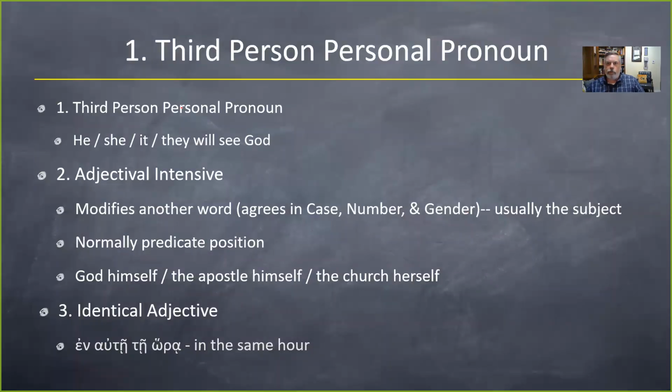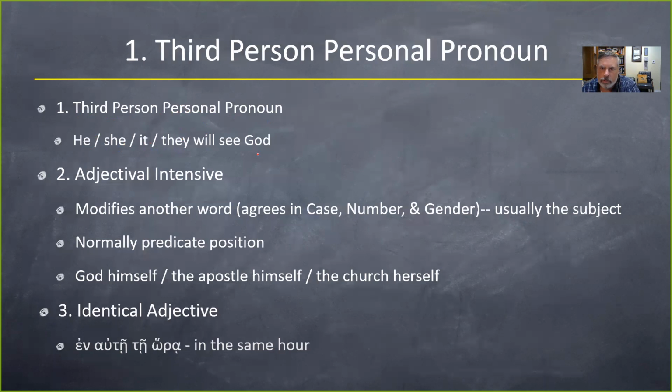Let me talk a little bit about how it's used, though. Now, this is different. A third person personal pronoun can function as a third person personal pronoun: he, she, it, or they in the nominative case. He, she, it, or they will see God. It can also function in the genitive case as their, his, hers, or its.